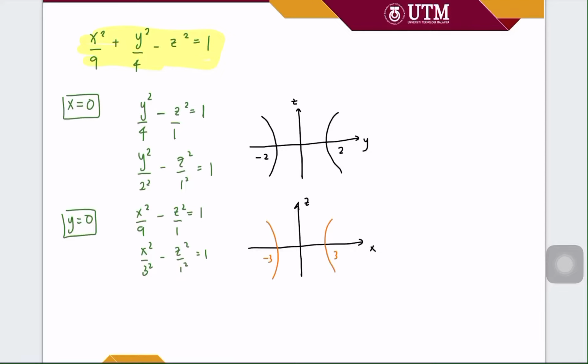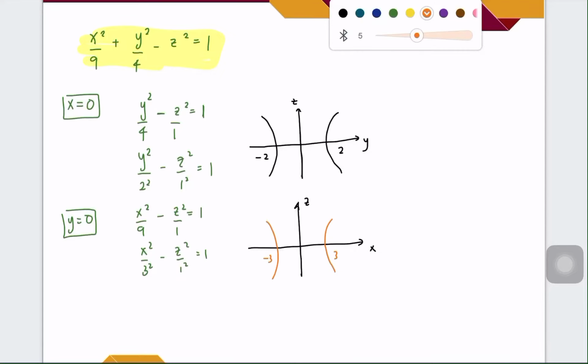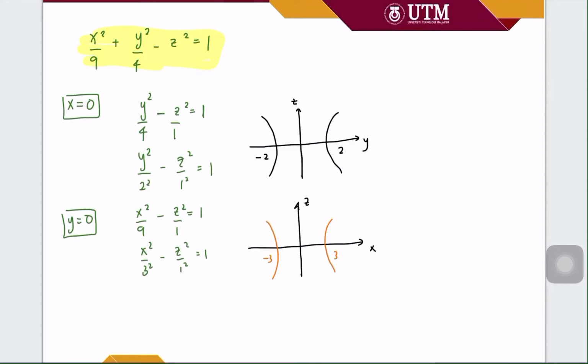Now we move to the next trace, which is z equal to 0. For z equal to 0, x squared over 9 plus y squared over 4 equals 1, because z is already 0.